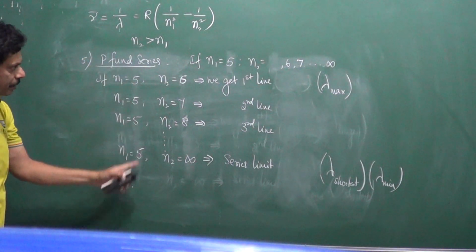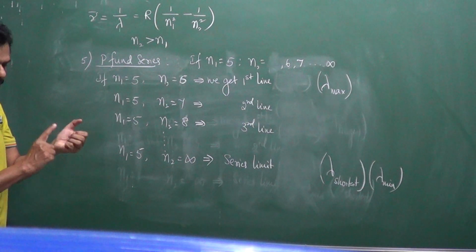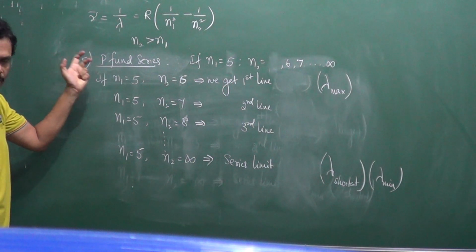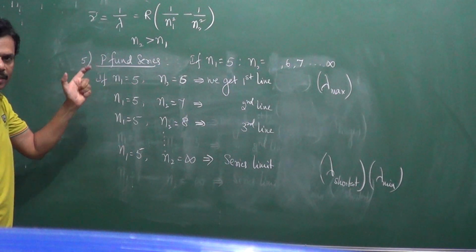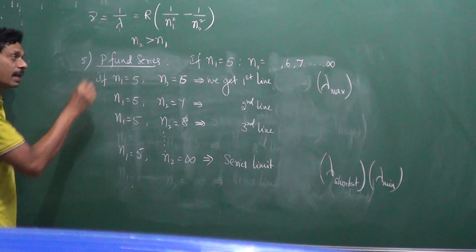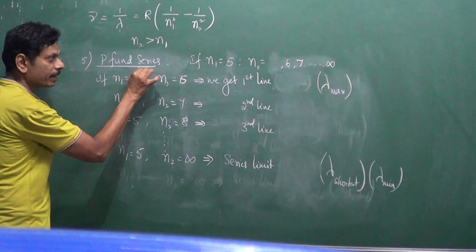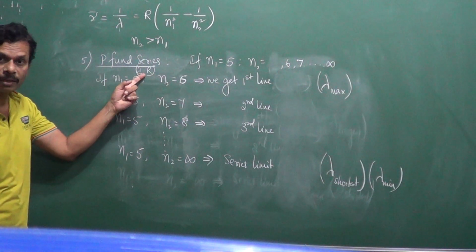This is the explanation for the spectral lines, so we have understood the spectral lines. First the Lyman series, second the Balmer series, third the Paschen series, then Brackett series and Pfund series. The last three series come under the infrared region, and we cannot see it with our naked eye.